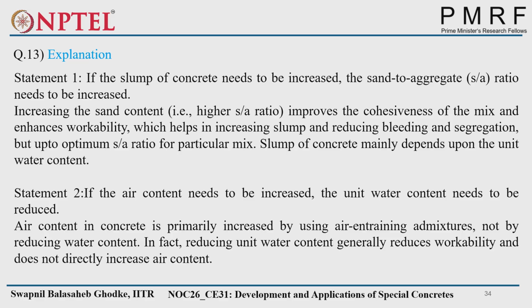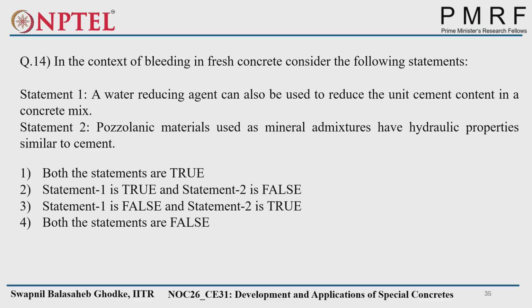Similarly, slump and workability increase, but it's not a direct relation. It's not valid in all cases. Similar to this one also, optimum is an optimum condition we can get for that one. So that's why, as you said, slump is dependent on the unit water content and strength is dependent on the water cement ratio. So these are the universally valid conditions.